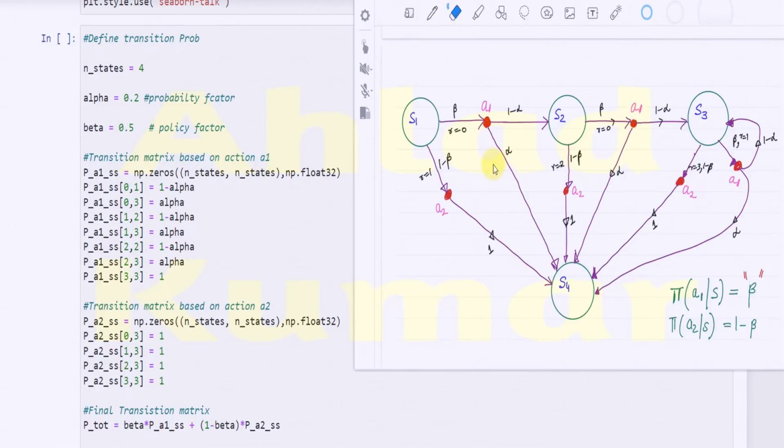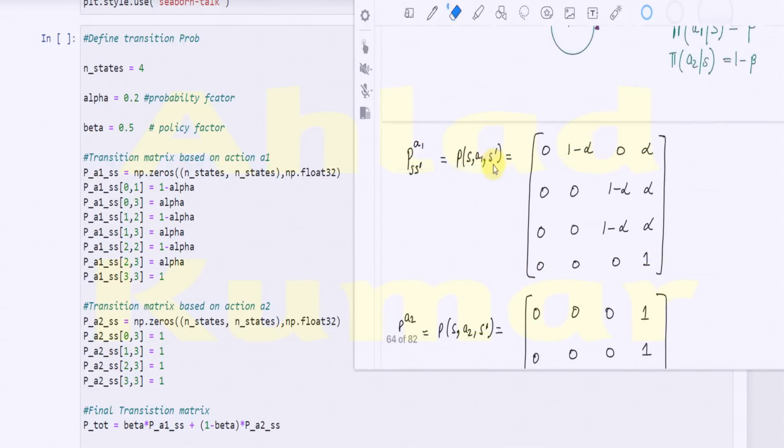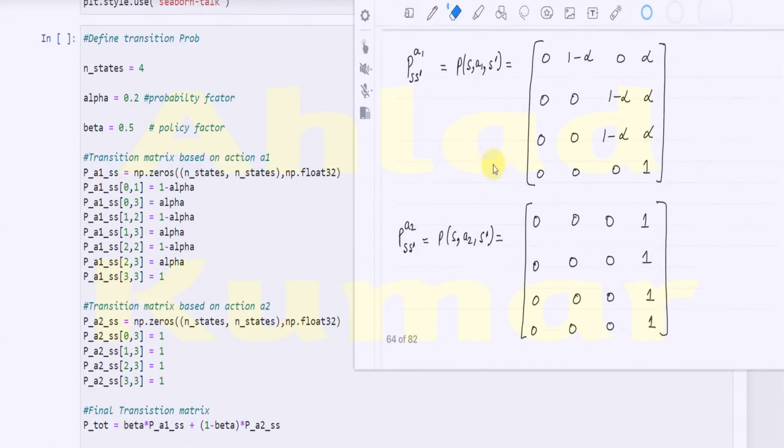This is already discussed here in this particular page. What we are trying to do is actually implement this matrix. So here the code for this is given over here, and you can implement this matrix like this. Similarly, the state transition matrix based on A2 is given over here.